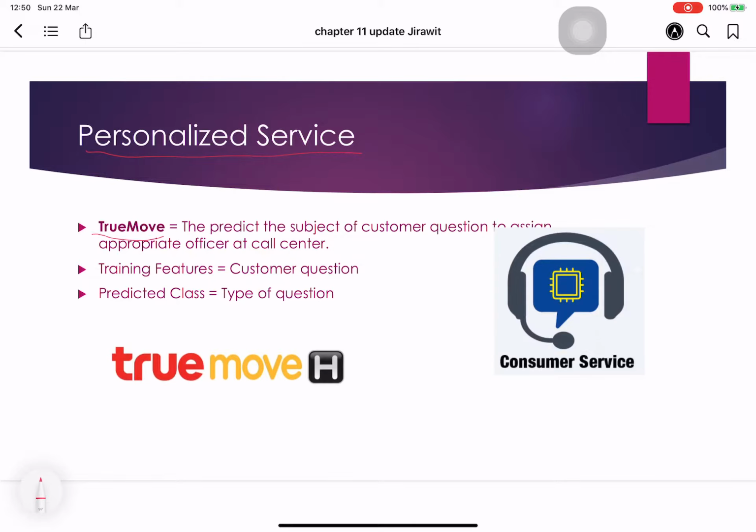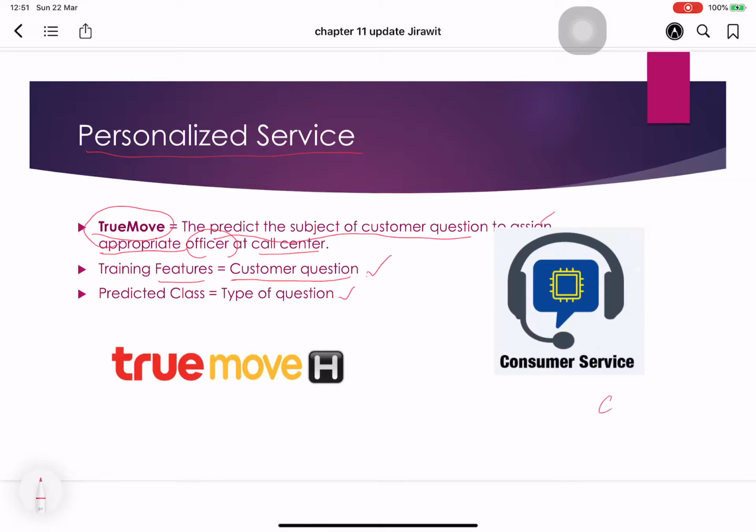For example, the company True predicts the subject of the customer's call to assign an appropriate officer at the call center. They have a training feature suitable for the customer's questions, and predict the type of question.